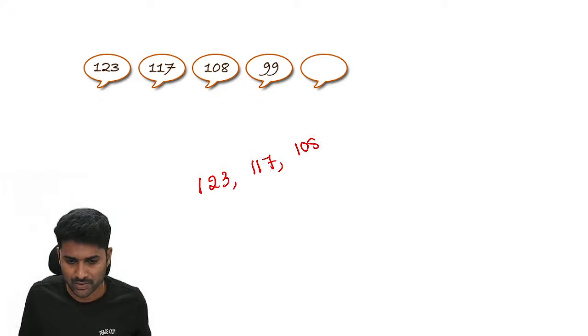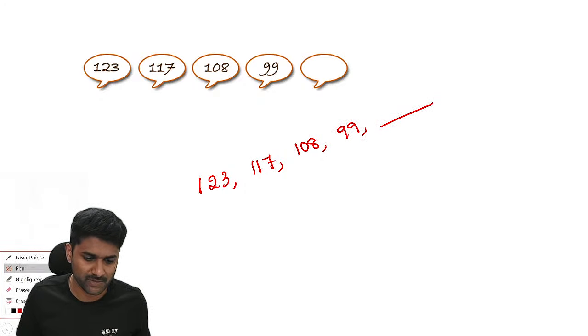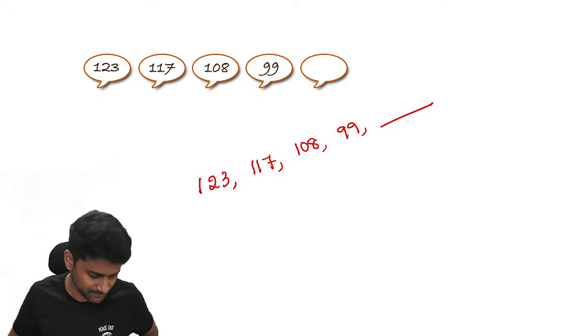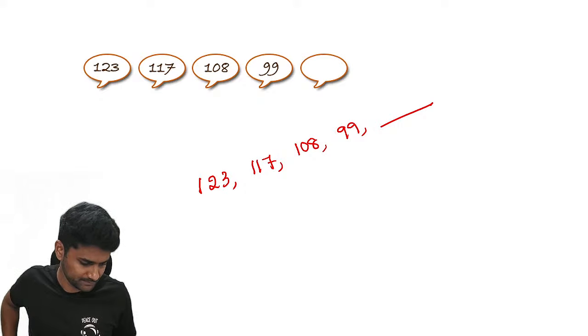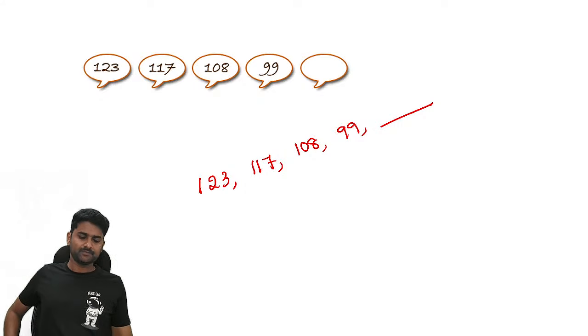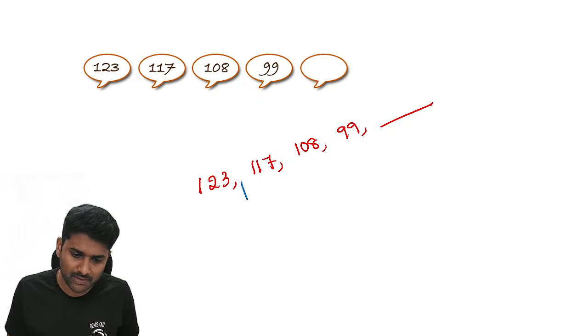Next. It's like a series: 123, 117, 108, 99. Which number should replace the question mark? So from number to number, it decreases exactly 6 units.